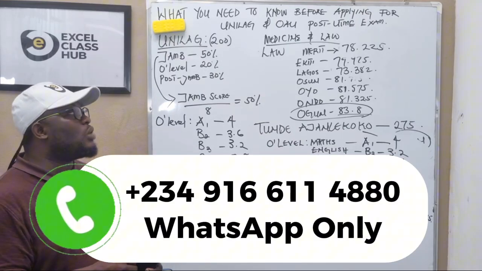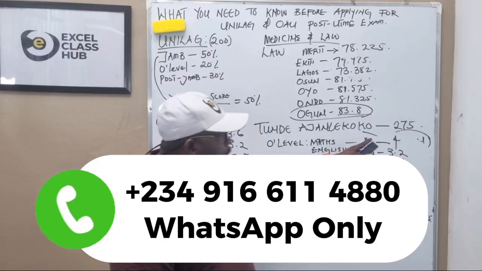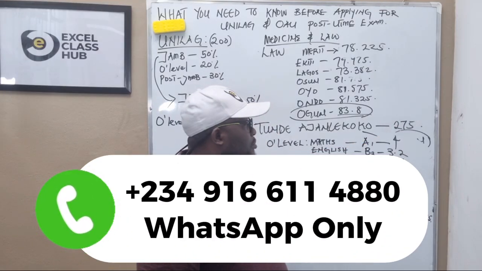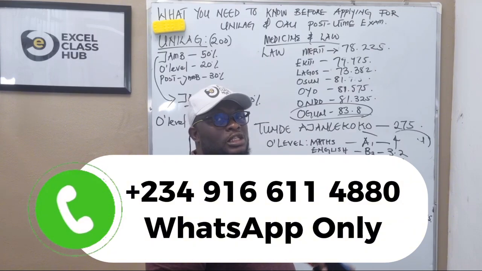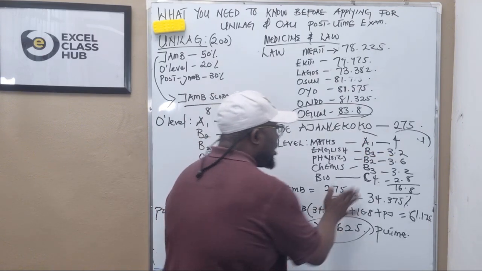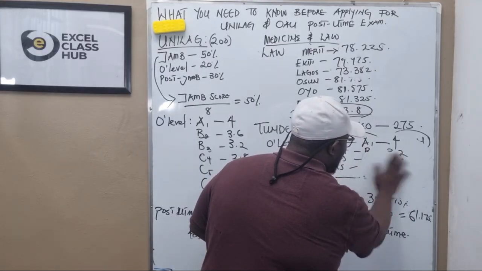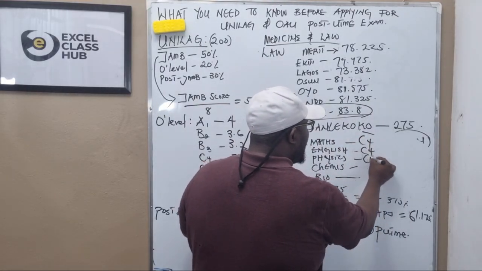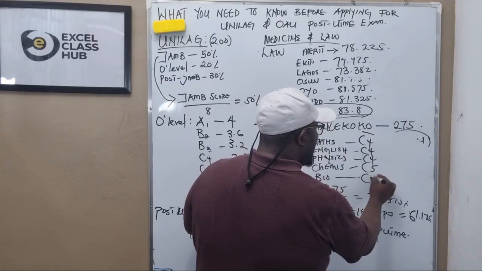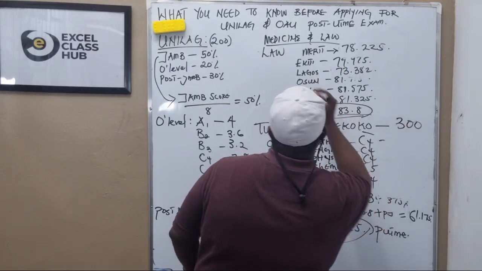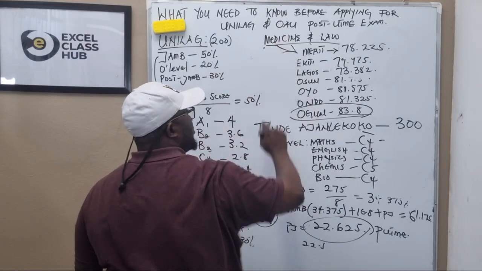It's possible for you to have 300 and not gain admission to study medicine. If your O level is not strong, let's do it together. You have mathematics C4, C4, C4, C5, C4, and you have 300 total, and you want to study medicine.